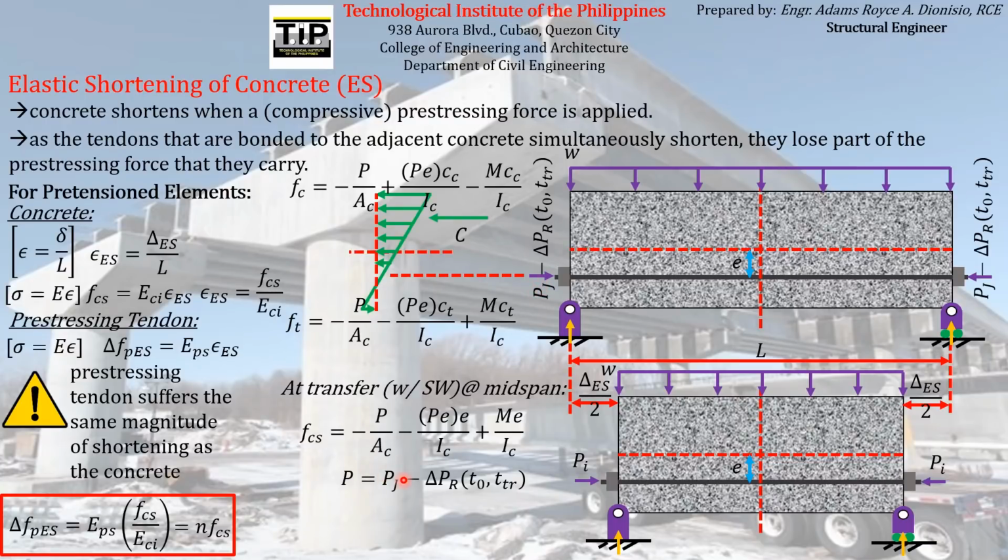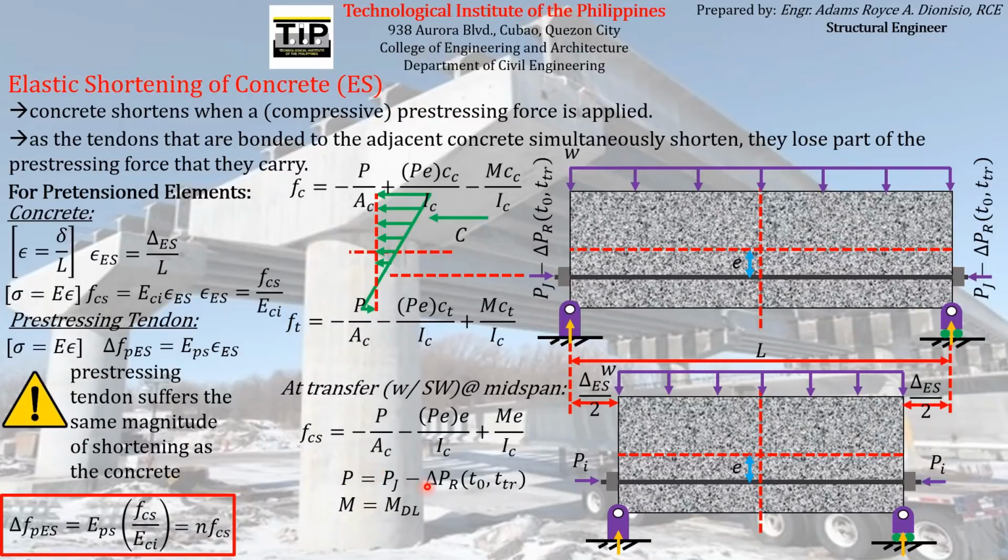Since we know from the previous discussions that from the time of jacking to the time of transfer, the pre-stressing reinforcement experiences what we call relaxation, thereby producing what we call pre-stress loss on the pre-stressing reinforcement. So that is the magnitude of the P that we will use here in order to find the stress acting on the concrete at the level of the pre-stressing reinforcement.